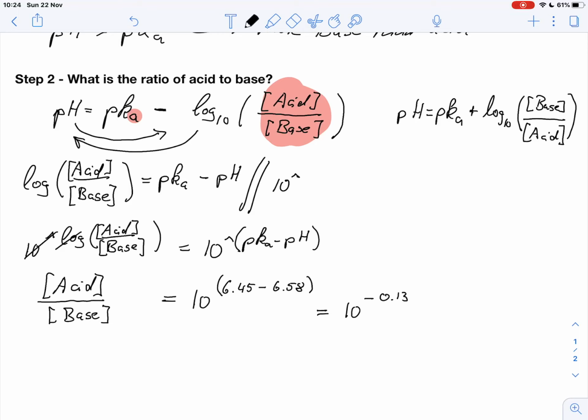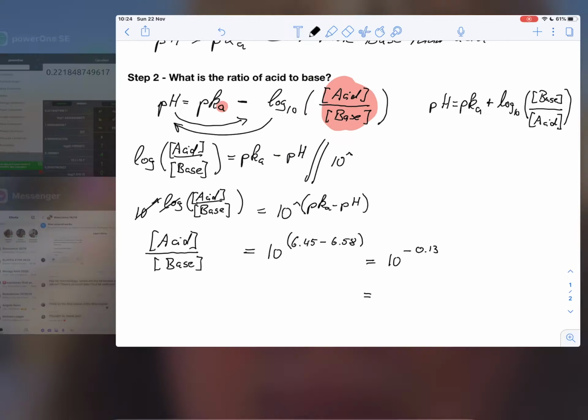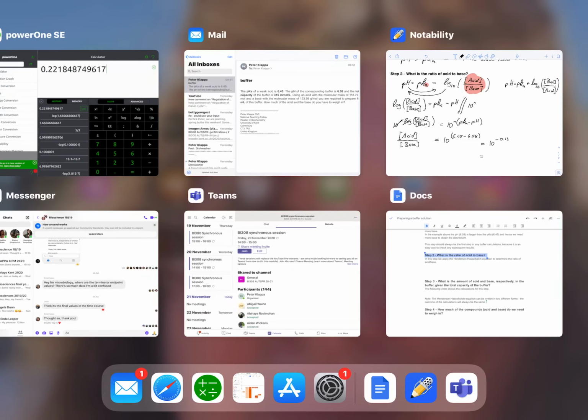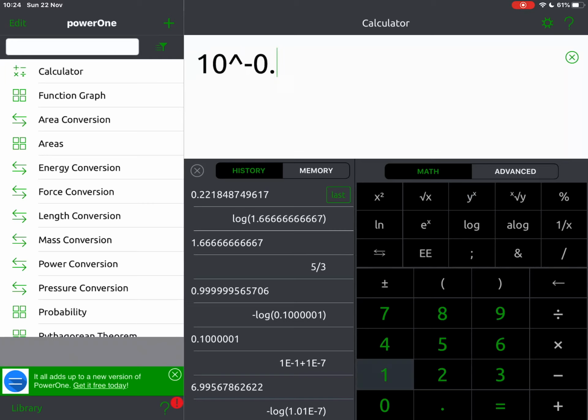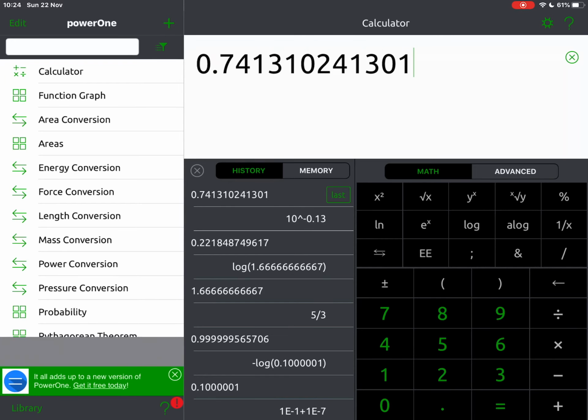And that gives us a ratio of, we can do that quickly. We need to calculate 10 to the power of negative 0.13. So that gives us 0.741.